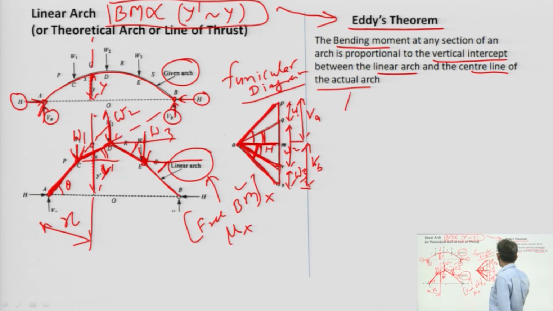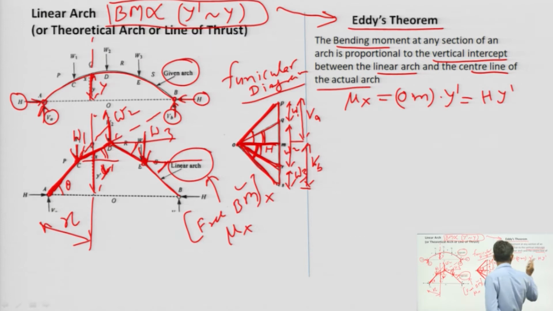So, mu x is this ray OM into y dash, and OM is nothing but h. So, mu x is h into y dash.